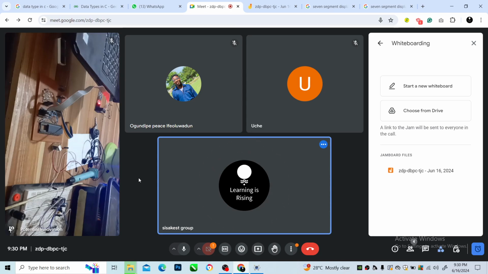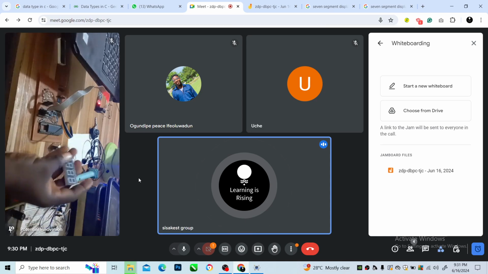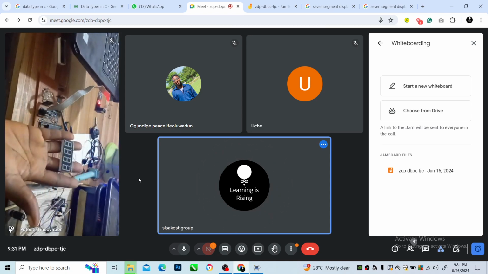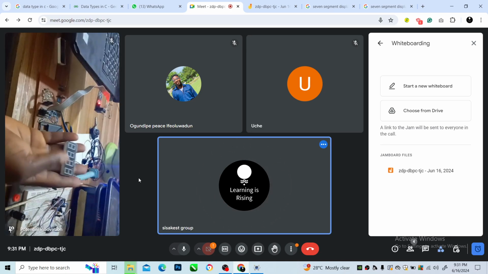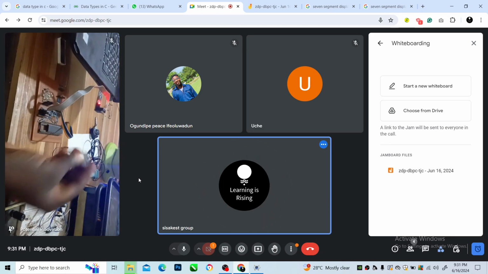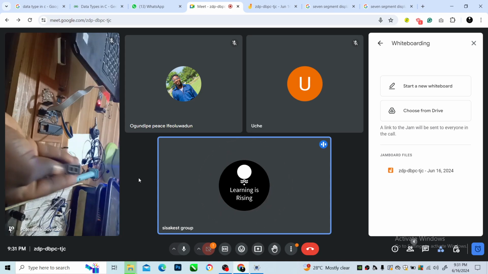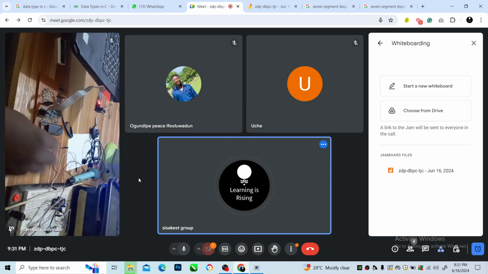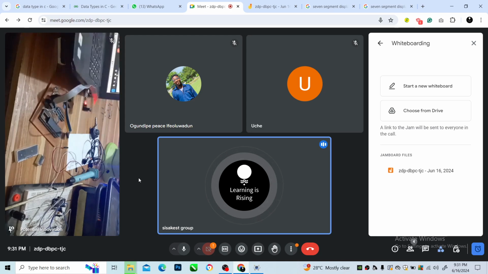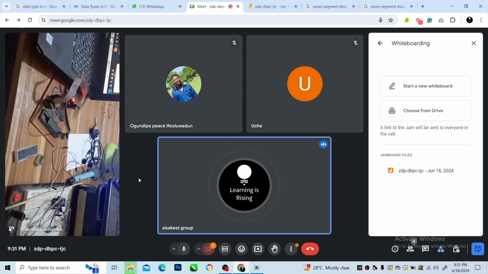I was trying to explain something, because there are different versions of 7-segment, you can see this one with me here. This is 1. This one is 4. I believe I still have another one here that is 2. Can you see?